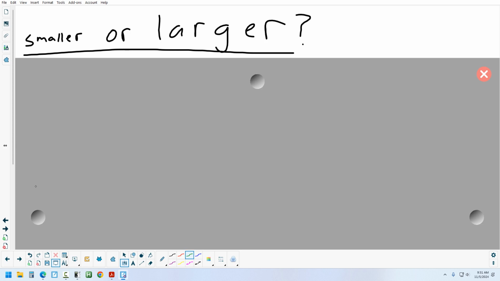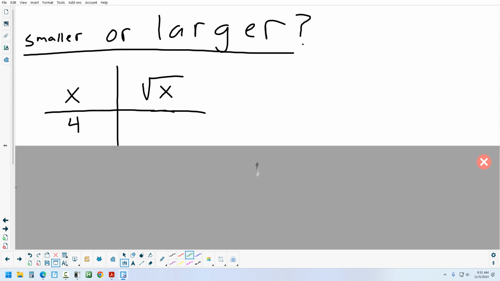So we're going to look at what happens when we take a square root. And I want to figure out, does taking a square root make the number smaller or larger? All right.